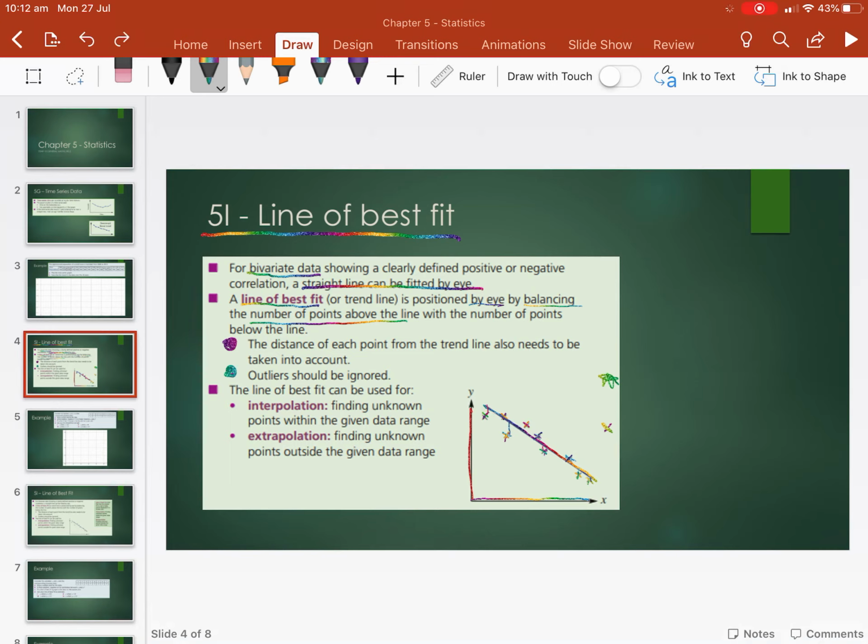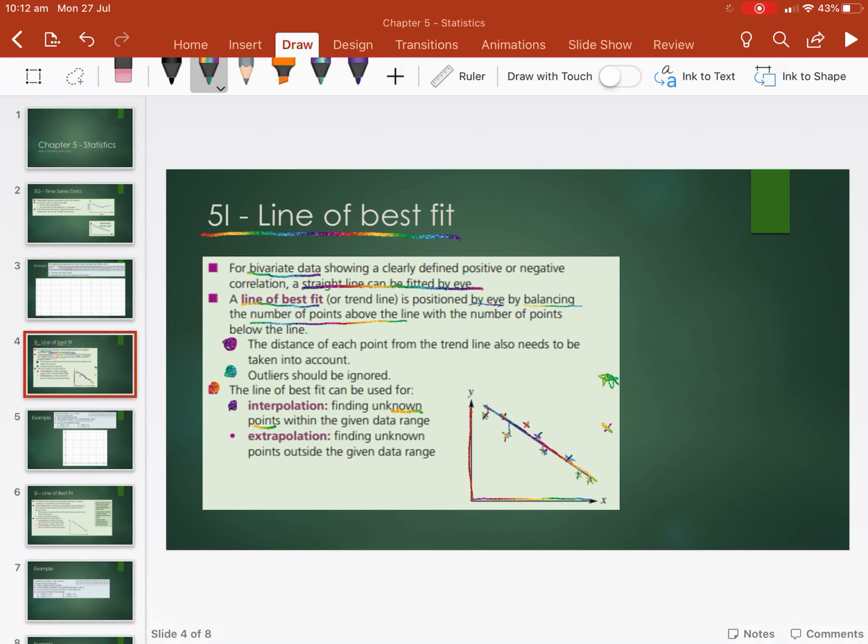So the line of best fit here can be used for, there are two big words, but don't get worried about those. So we've got interpolation, yeah. So it's finding unknown points within the given data range, okay? So what that means is that inter meaning inside, so in the data we already have, that we might need to find an unknown point, okay?